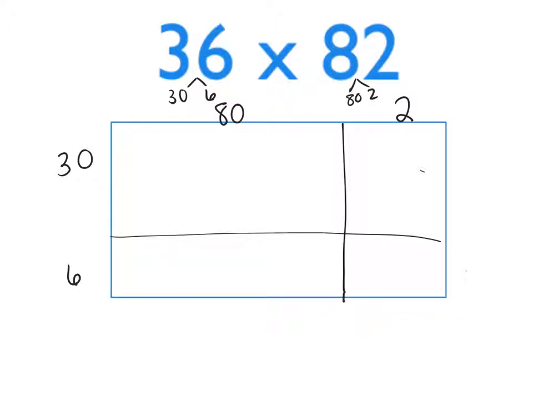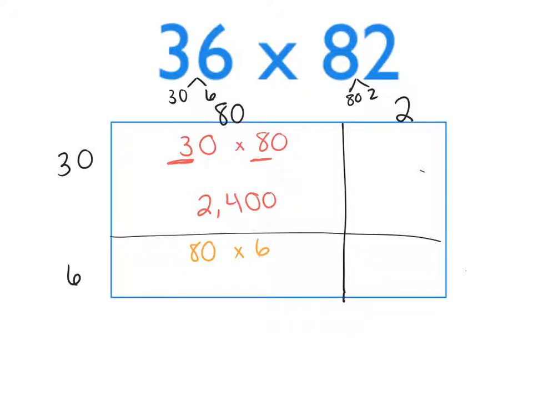Okay, so first thing we should be thinking about in this first box is 30 times 80. So think about that. 3 times 8 is 24, and we have the 2 zeros, which is 2,400, because remember, 10 times 10 is 100. So the 24 would actually be 2,400. And then next we'll have the next box, which is the 80 times the 6.